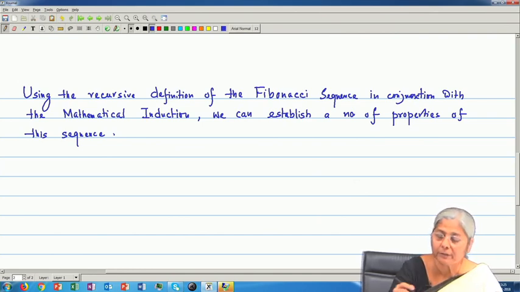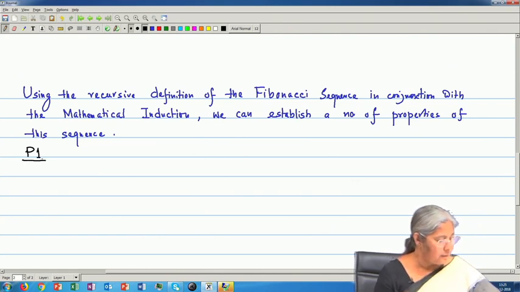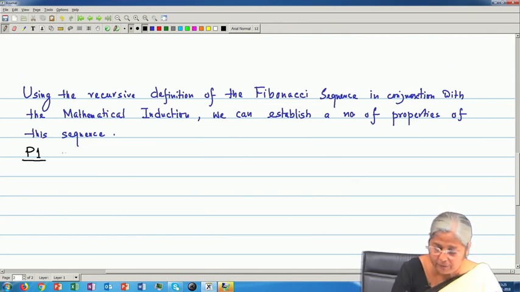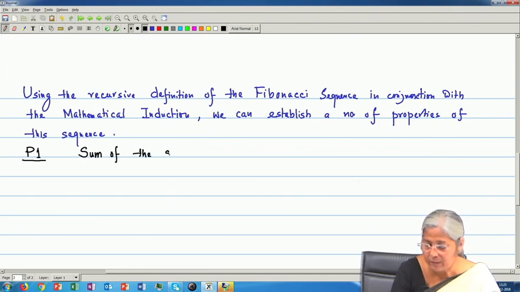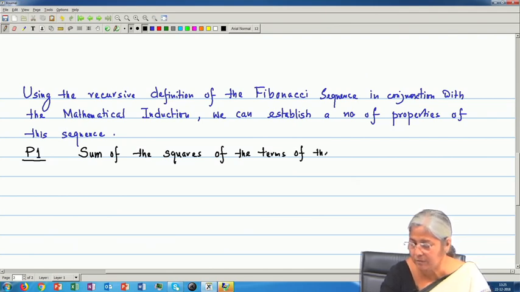So, we see a property P1. The property tells the sum of the squares of the terms of the Fibonacci sequence.